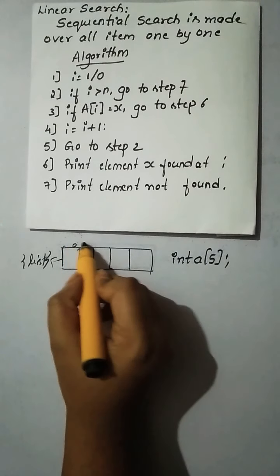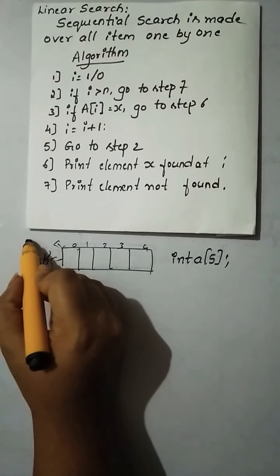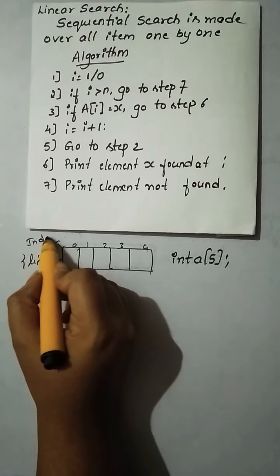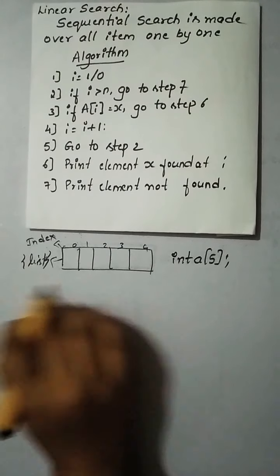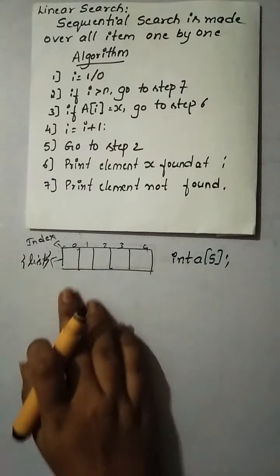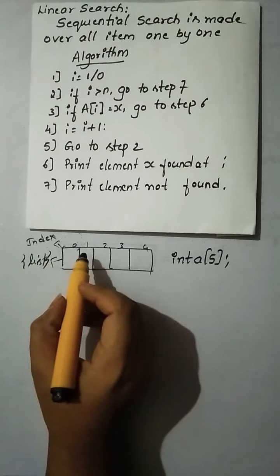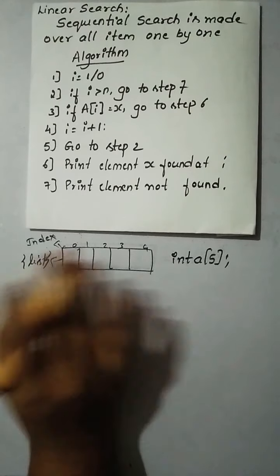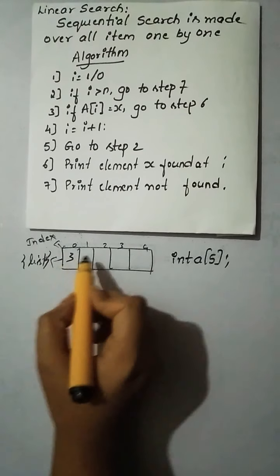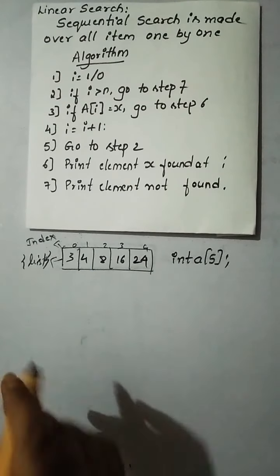These are the indices: 0, 1, 2, 3, 4. Let's assume the data items are 3, 4, 8, 16 and 24.